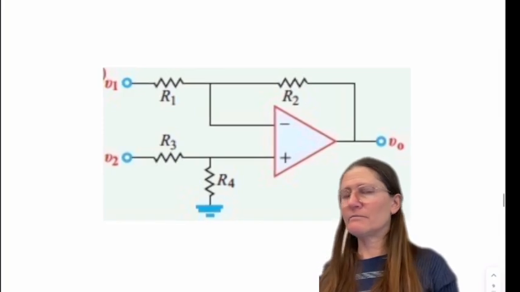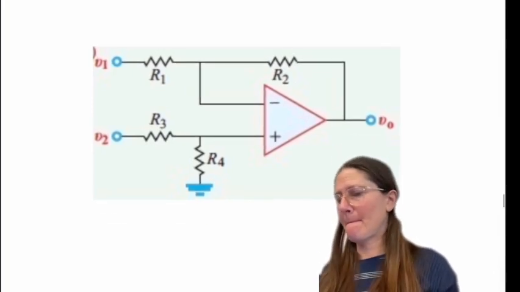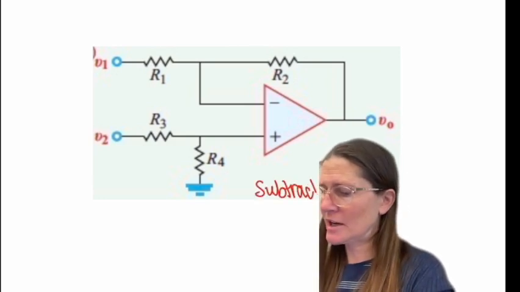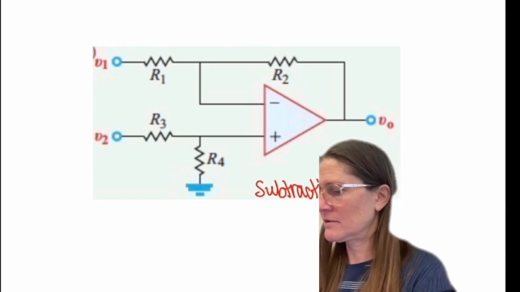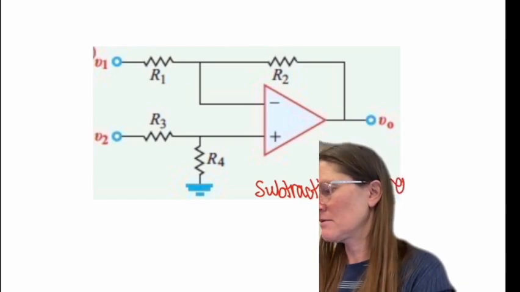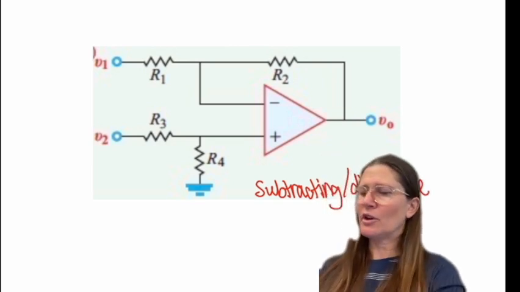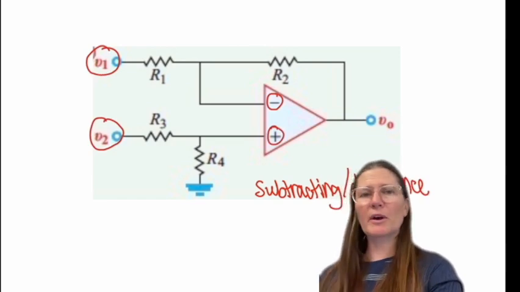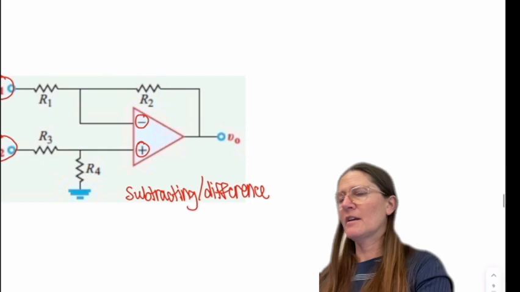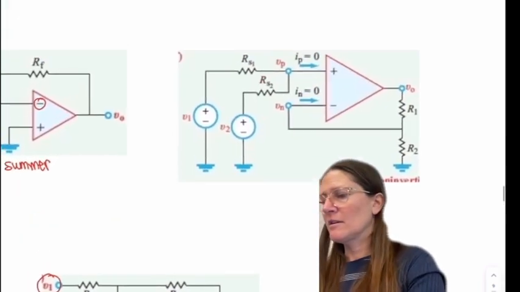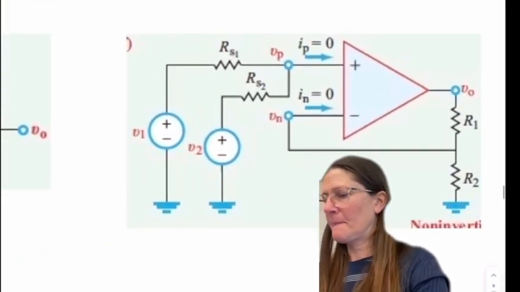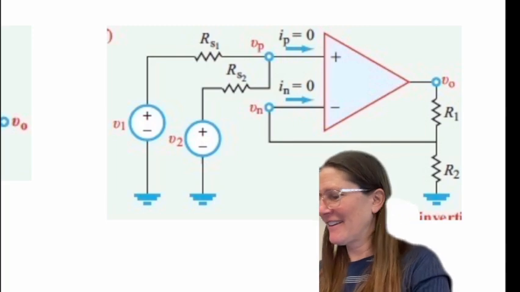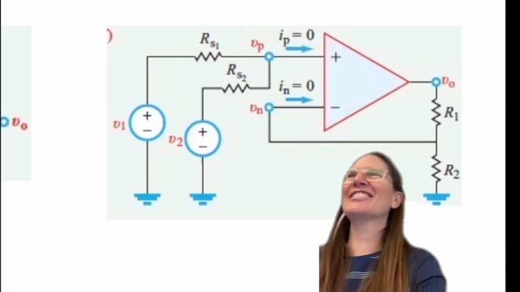All right. What about this one? Good. Subtracting difference. I see that there are 2 inputs, and one is negative and one is positive. All right, this one. Had a little cheat on there.